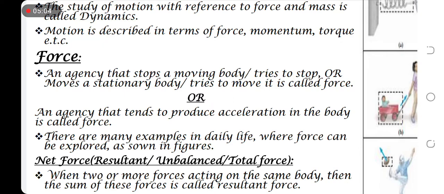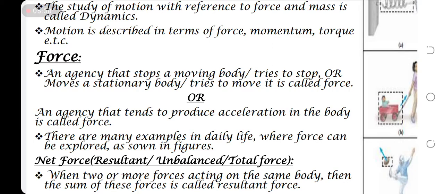Similarly, if a moving body, a ball, is coming towards us, if we try to catch it, we will be able to stop it. Its motion will be reduced to zero. In some cases, if a coal tar drum is falling towards us, even if we try with force, we will not be able to stop it.